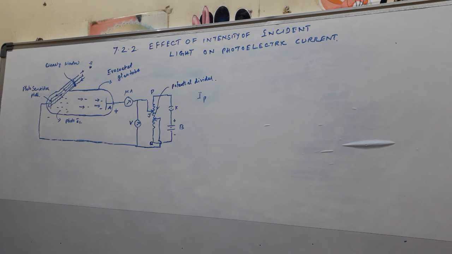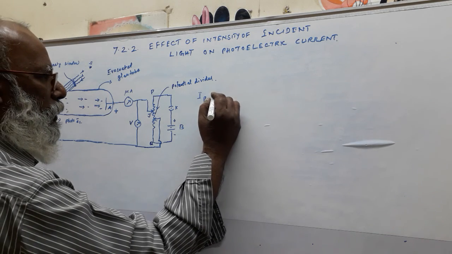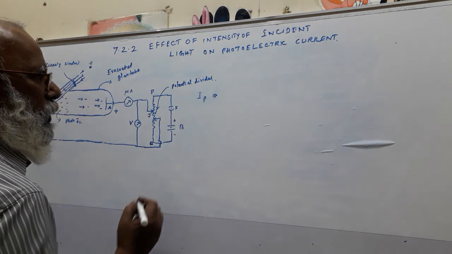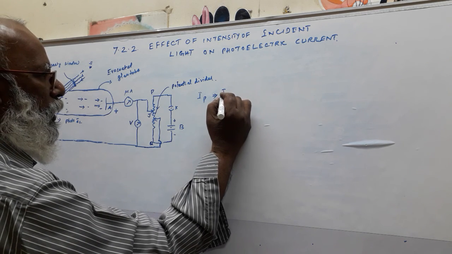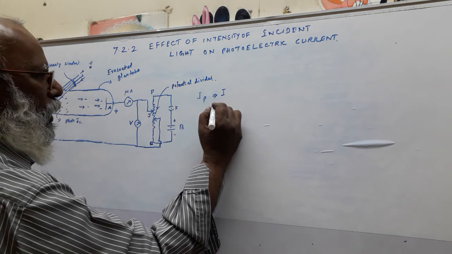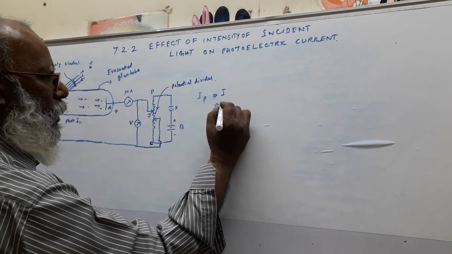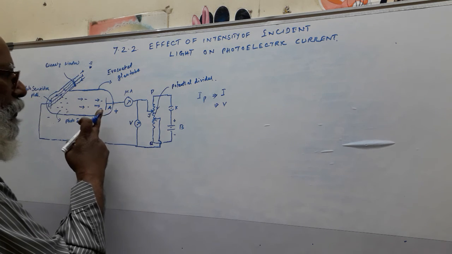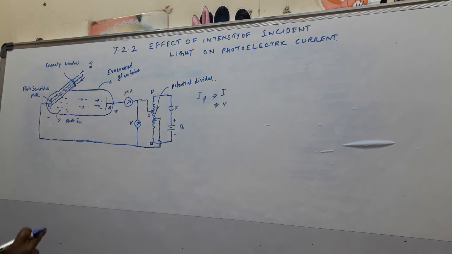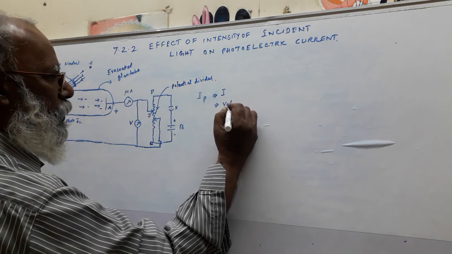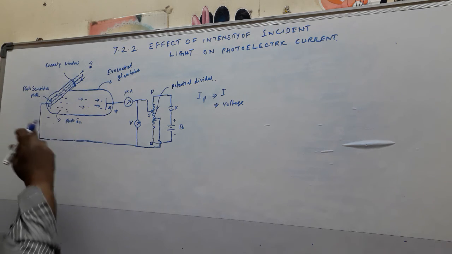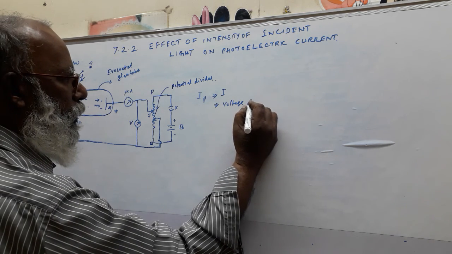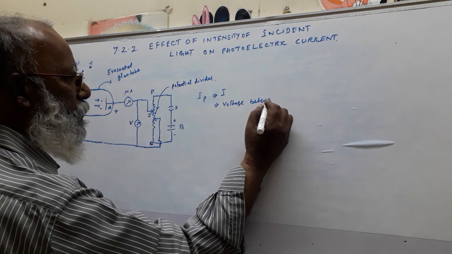IP, the photoelectric current, depends on the intensity of the incident ray, or the voltage that is applied between the anode and cathode. Voltage that was applied between the terminals A and C. Voltage between A and C.